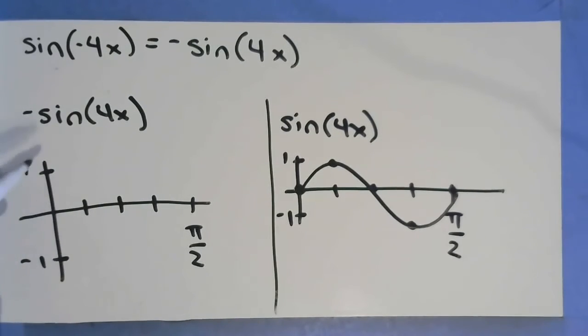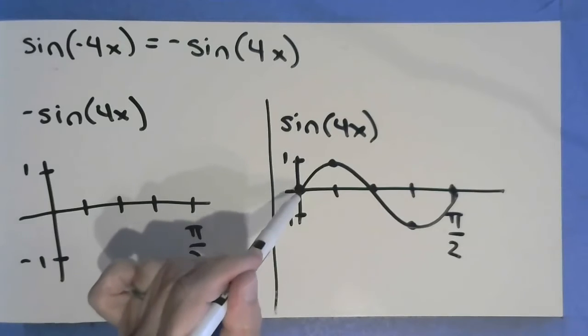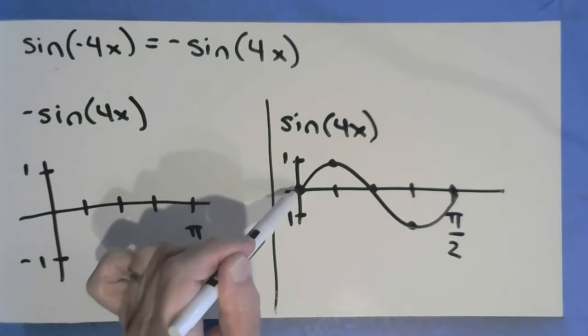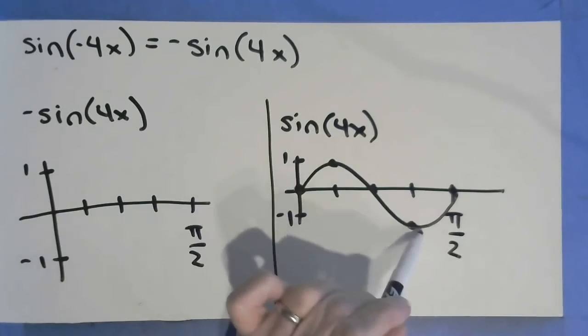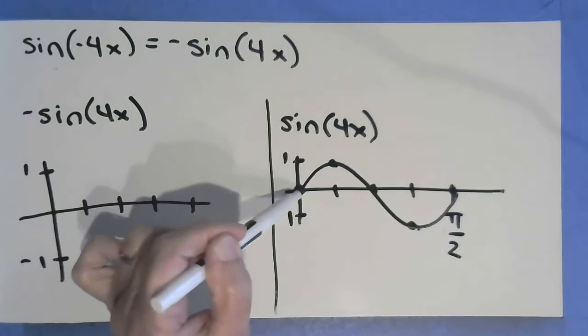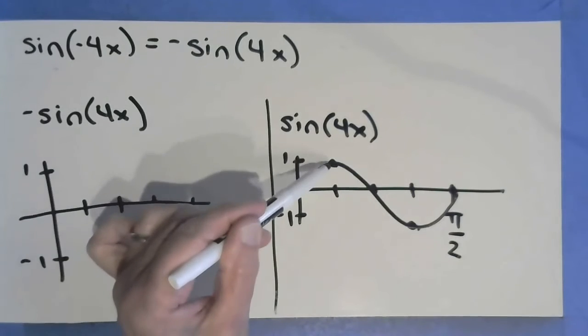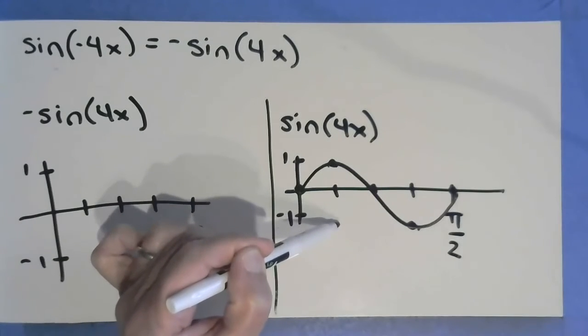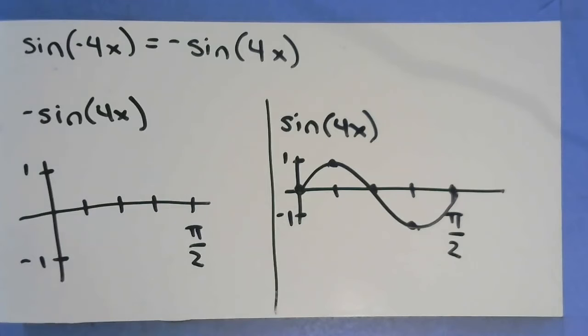But the reflection now changes our 5 key points. Instead of 0, up, 0, down, 0, we know that the negative sign out front flips everything across to the other side of the x-axis. So instead of 0 up, we go 0 down.